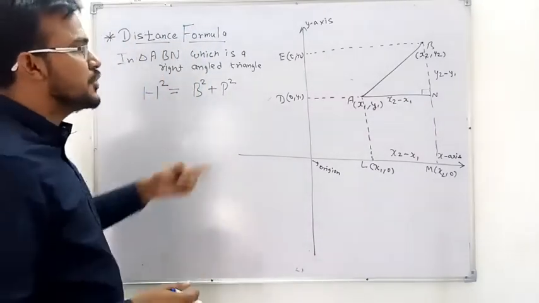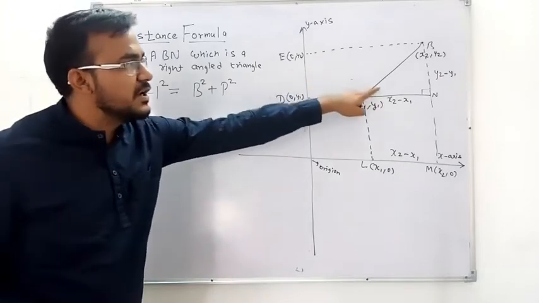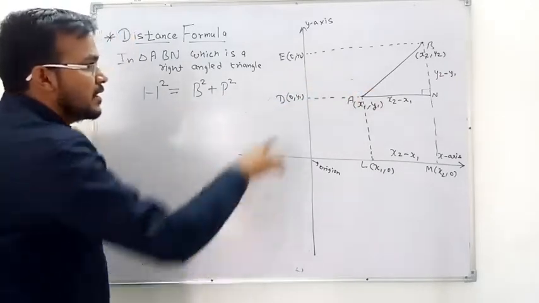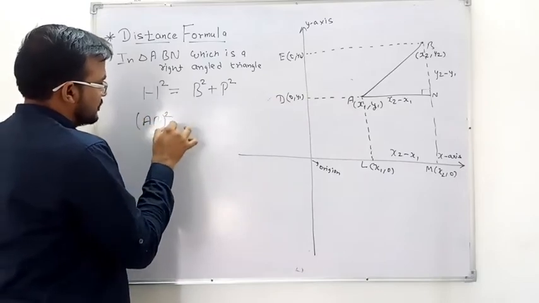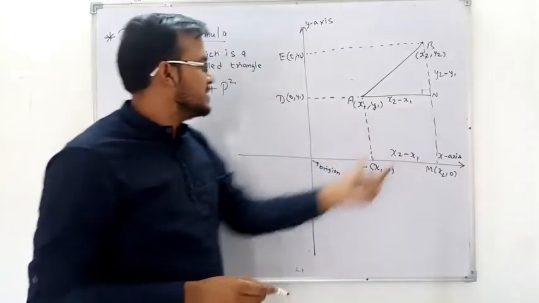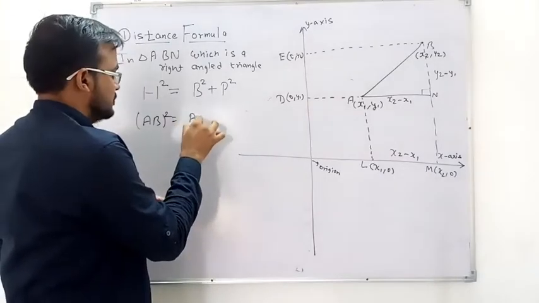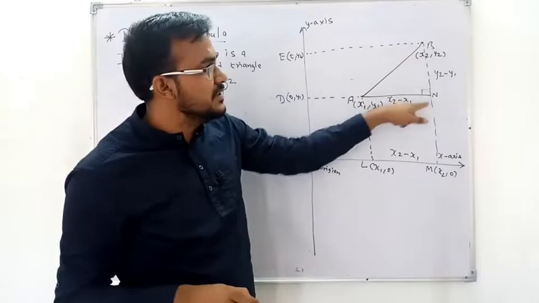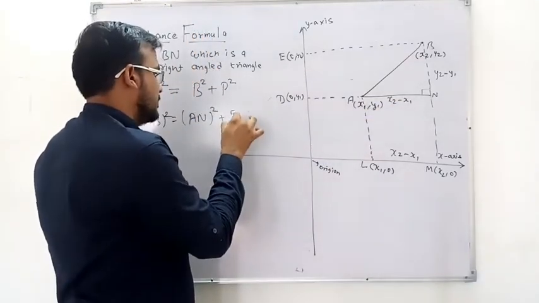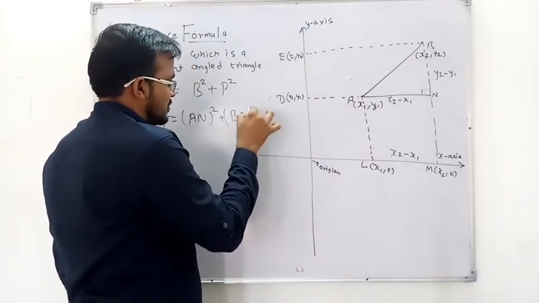Now we are substituting the values from this triangle in this formula. What is the hypotenuse? That is AB square. What is the base here? That is AN square, plus what is the perpendicular in this triangle? That is BN square.